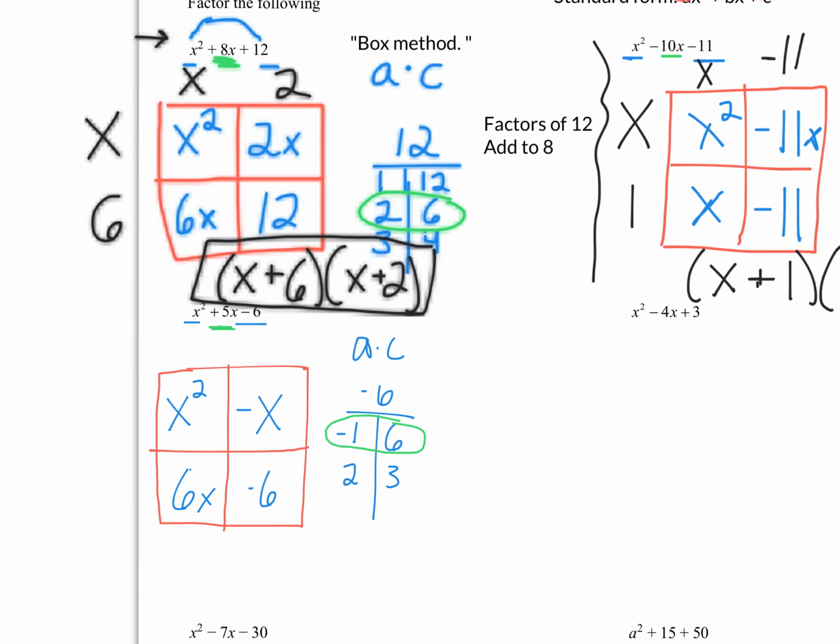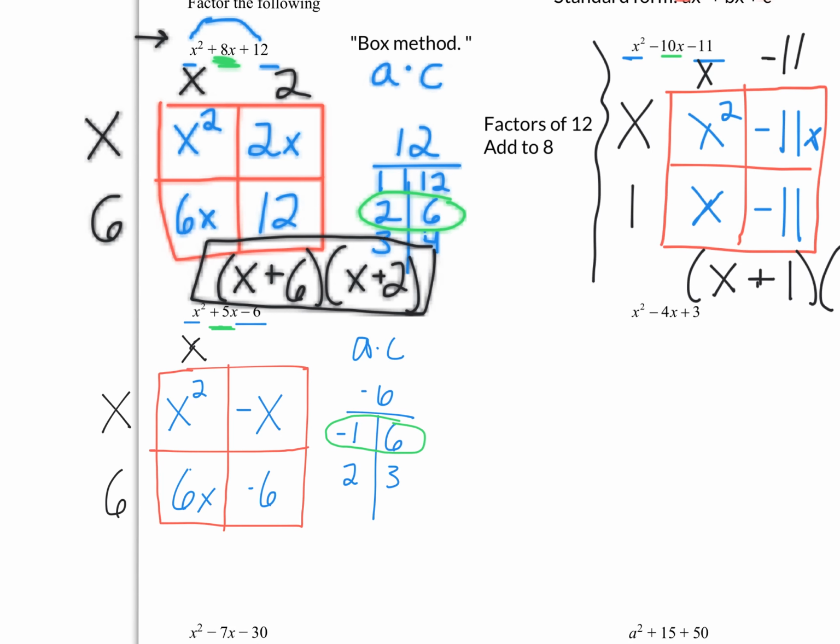and I'm going to look for the GCF of each row and each column. First row, just an x. Our second row, they both have a factor of 6. I can pull that out. First column, they share an x.